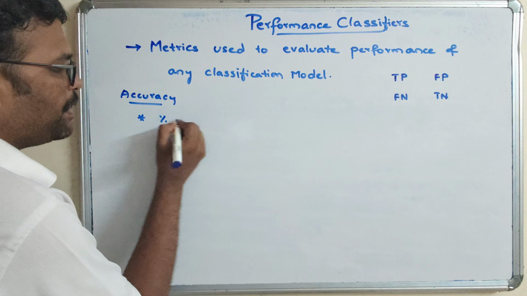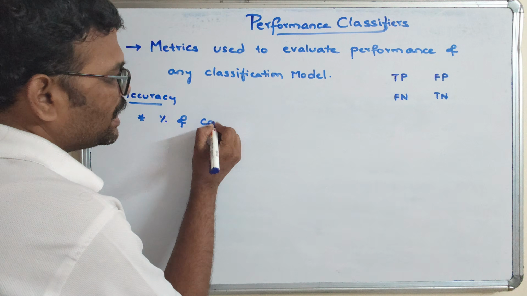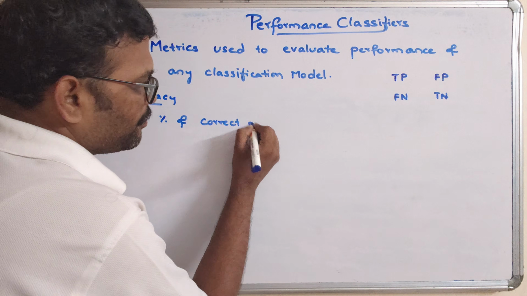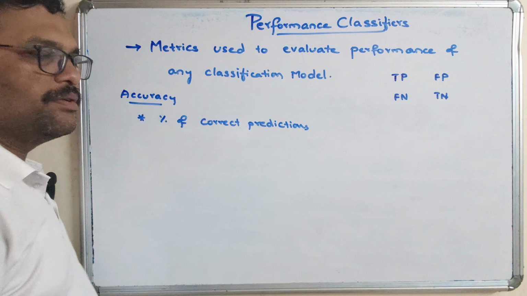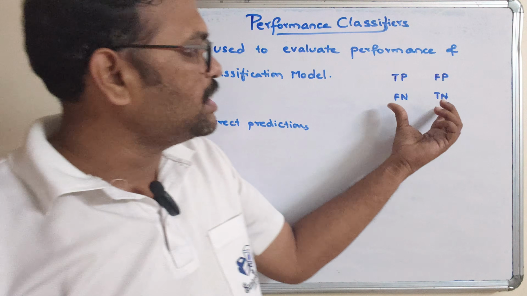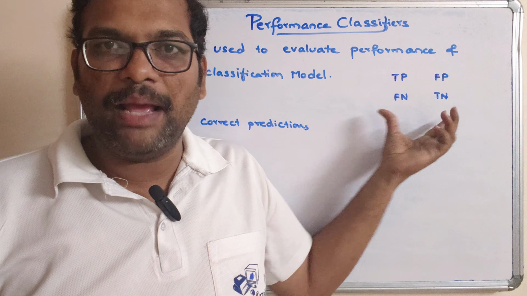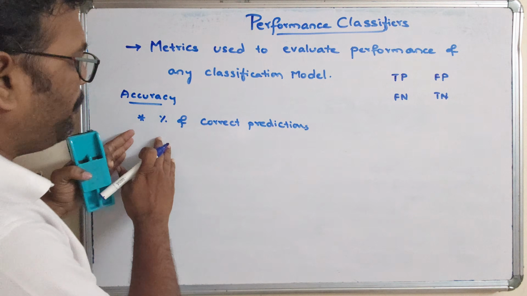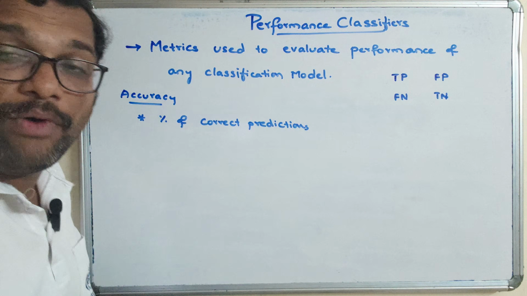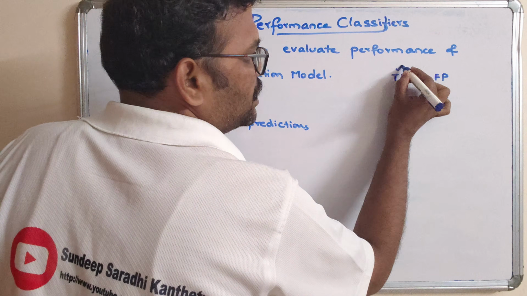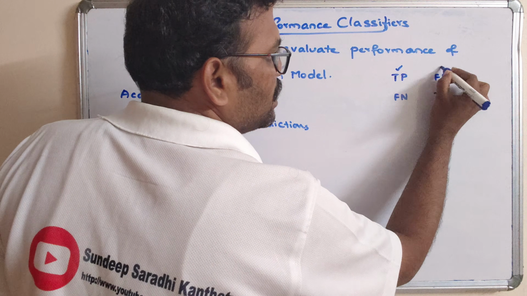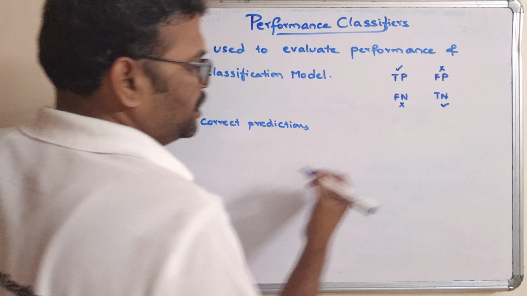Accuracy means the percentage of correct predictions. There are four possibilities for classification. Among these four, the percentage of correct predictions. What are the correct predictions? These two are the correct predictions and these are the false predictions.